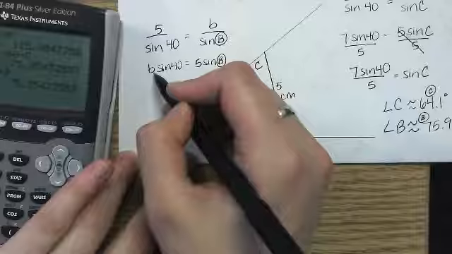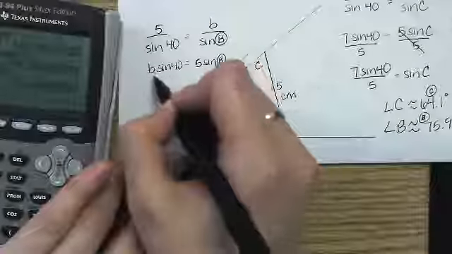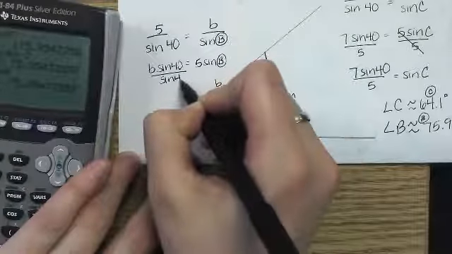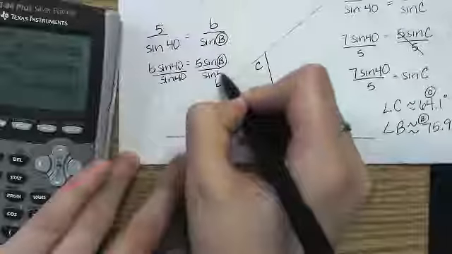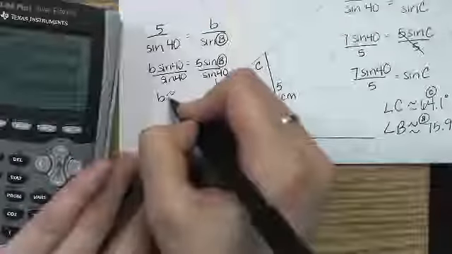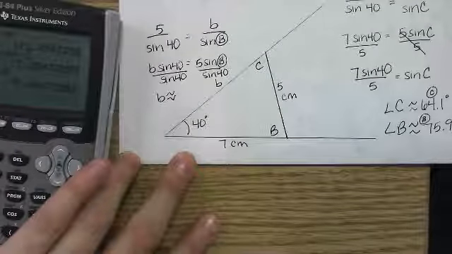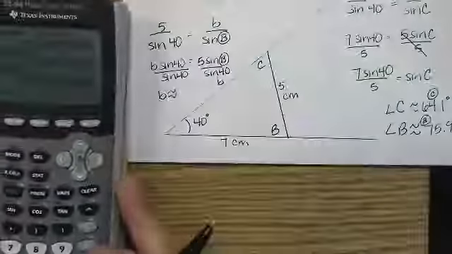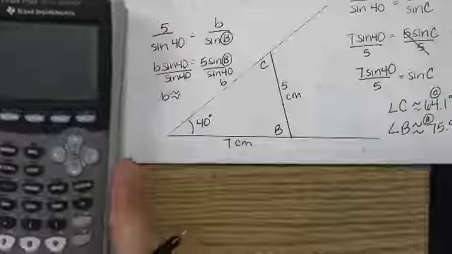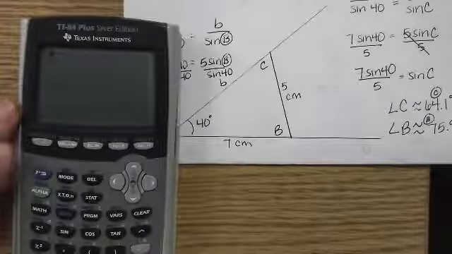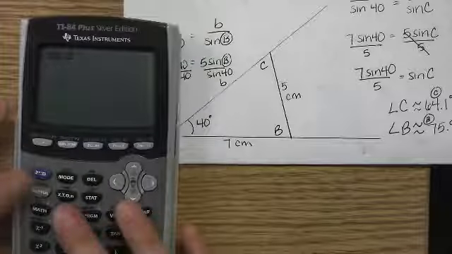And we're solving for side B. So I'm going to go ahead and divide by that to get side B all alone. Okay, and then we'll type that in. So 5 sine B.